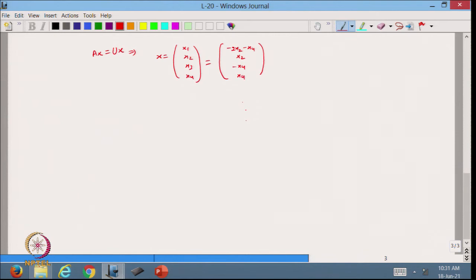So you can see that we are writing each and every variable in terms of x2 and x4, and from here I can write that x is equal to x2 times (minus 2, 1, 0, 0) plus x4 times (minus 1, 0, minus 1, 1).